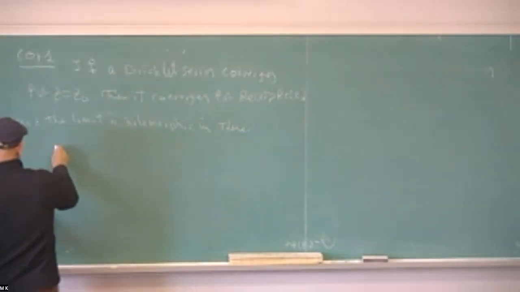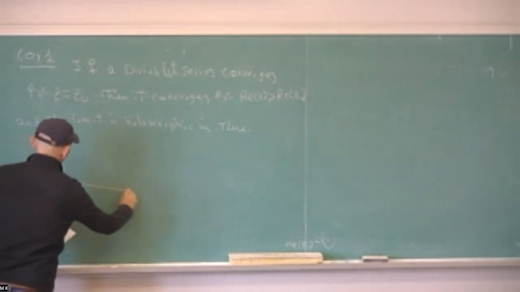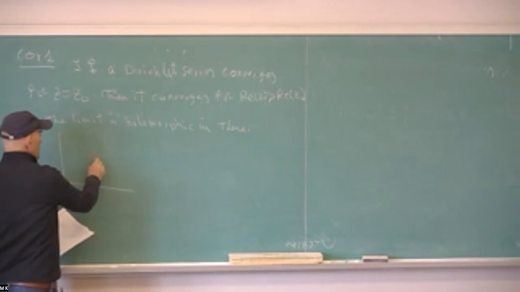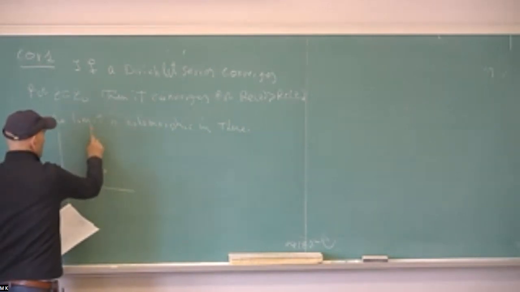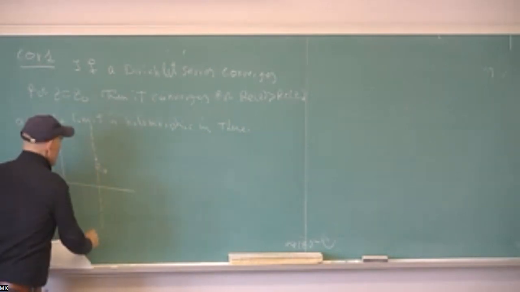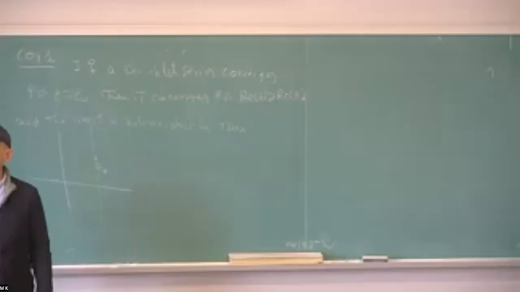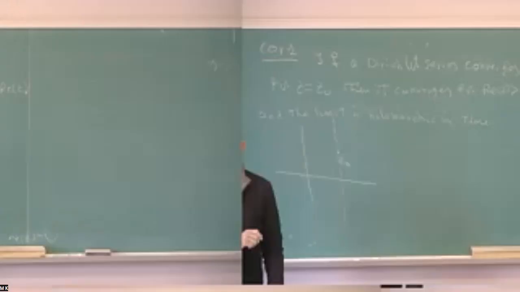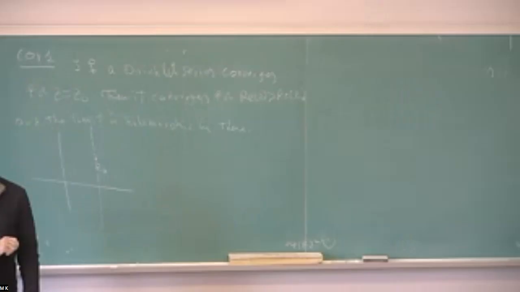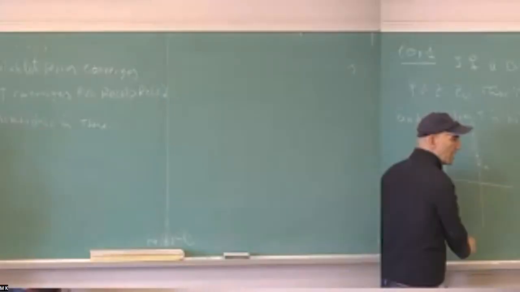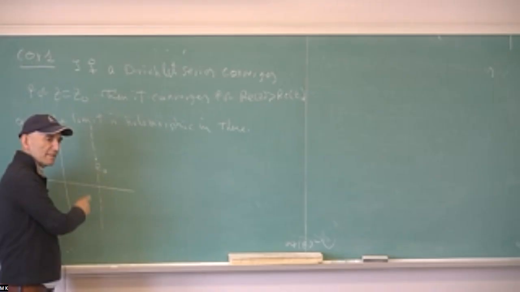So let's see what the result says. If you have a Dirichlet series that's convergent at some z0, draw this line, then it is convergent in the right half plane defined by that z0, and it's holomorphic there. We should forget about the line itself because we cannot make any statement about the line. Question?